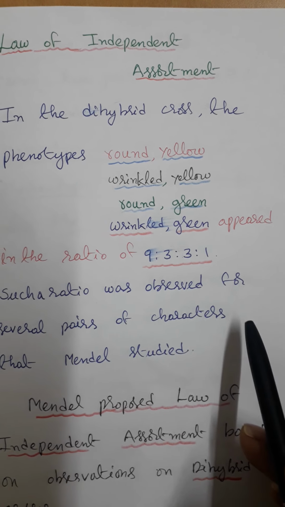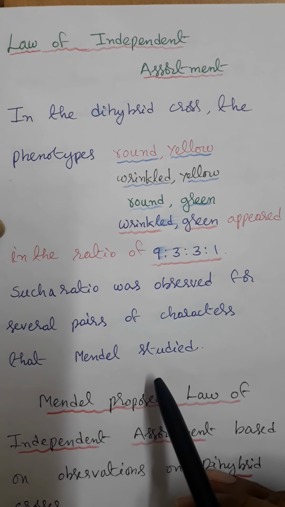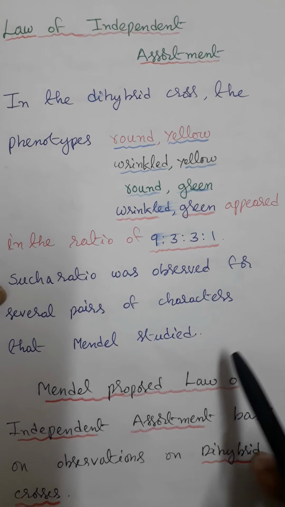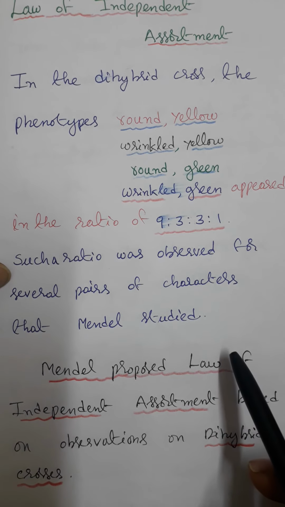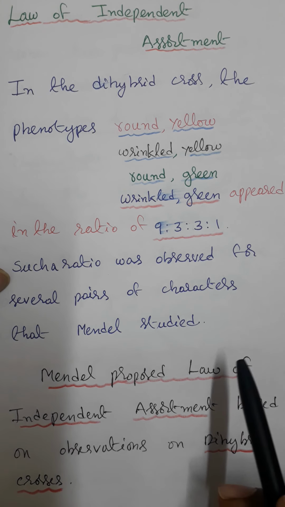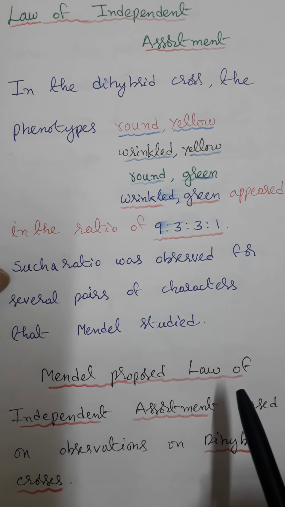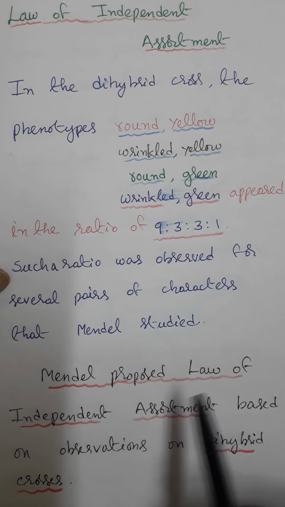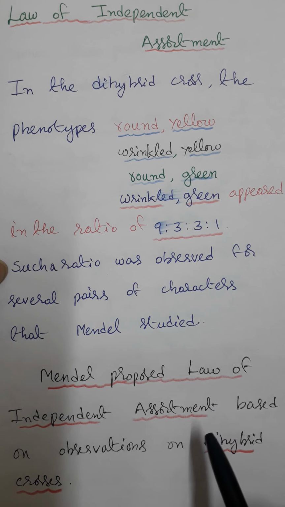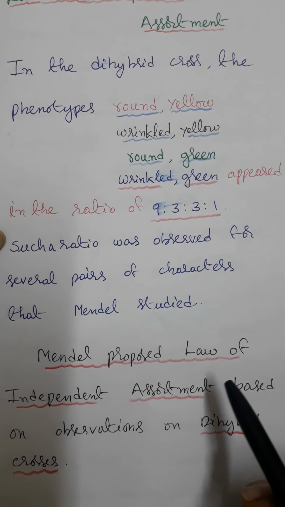Such a ratio was observed for several pairs of characters that Mendel studied. You already know the contrasting traits selected by Mendel. How many contrasting traits were selected by Mendel for his experiment? 7 contrasting traits.